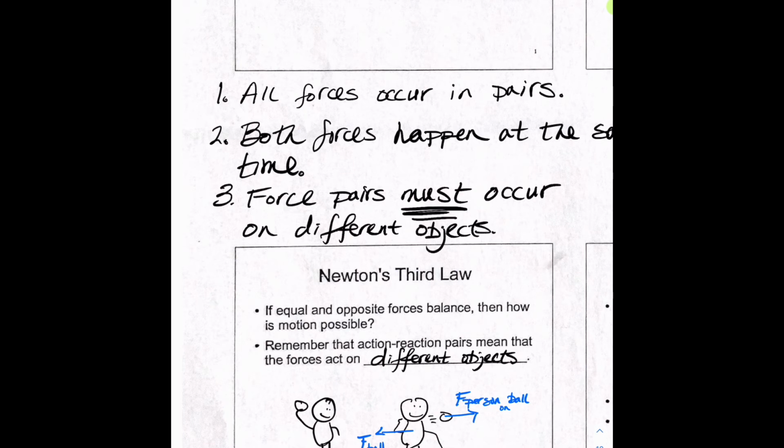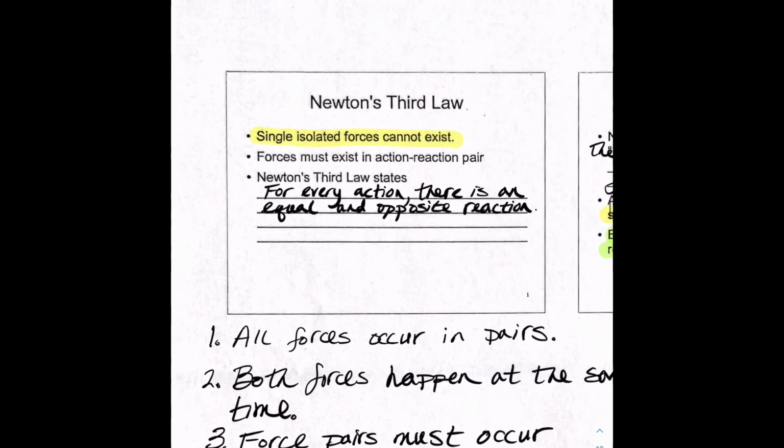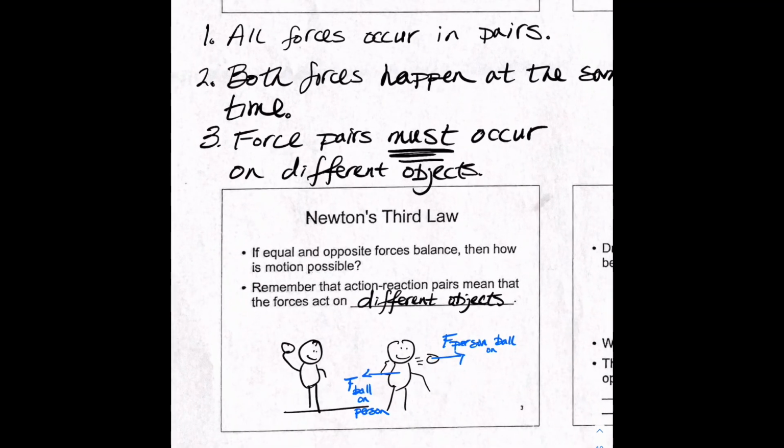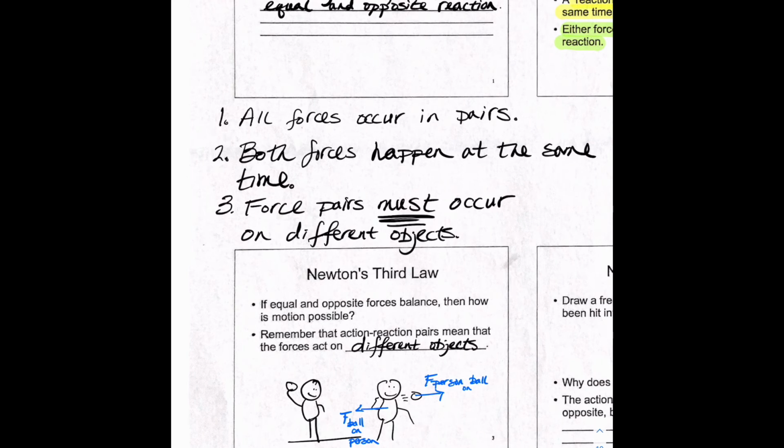All right. So once again, that's not directly stated in for every action there's an equal and opposite reaction, right? So we have three different parts of this law that aren't quite stated in for every action there's an equal and opposite reaction.